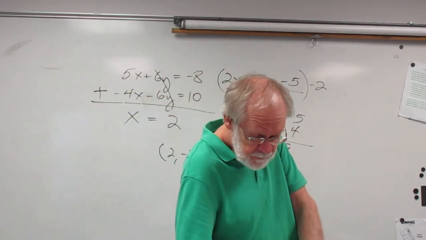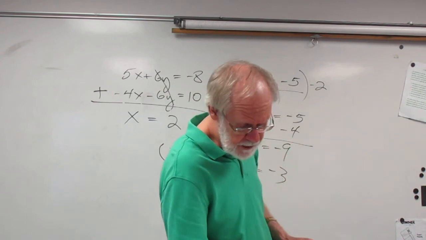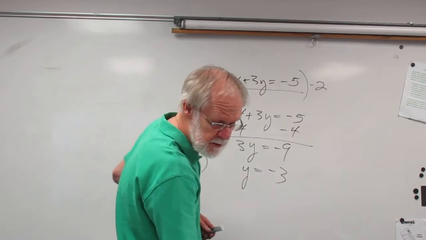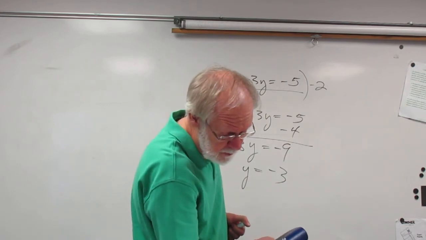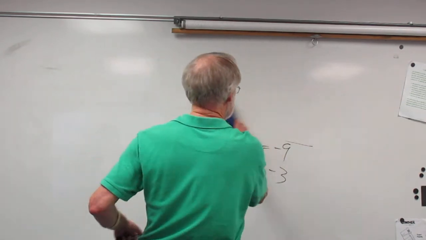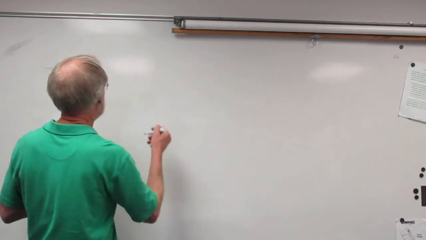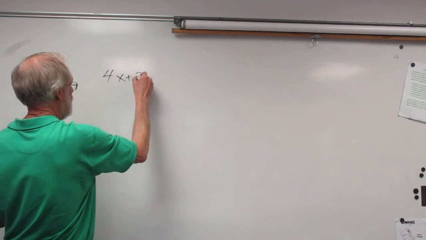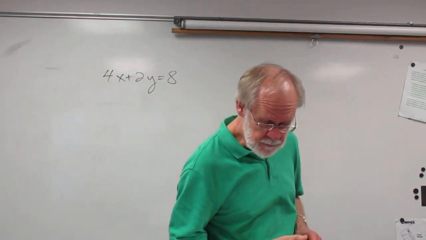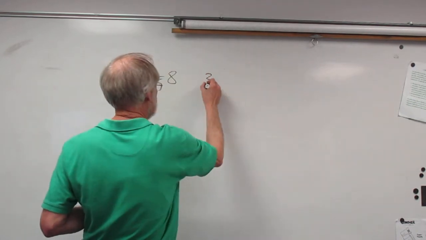All right, let's take 4x plus 2y equals 8. Let me make sure this one actually works well. I believe it does. Yes. Okay, 4x plus 2y equals 8. And the other equation is 3x plus 3y equals 9.